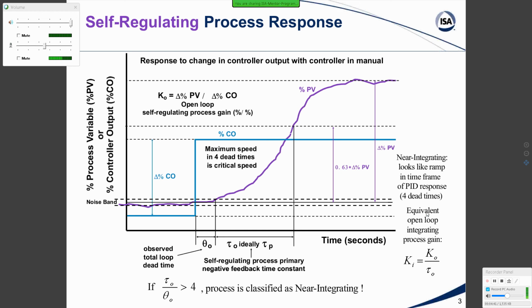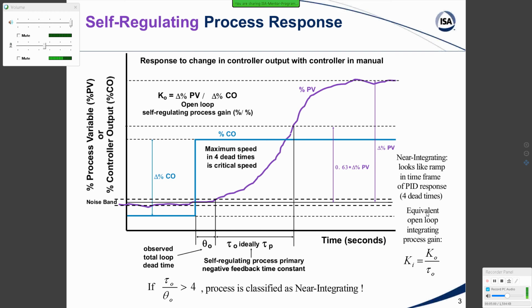And we go T sub O, or tau sub O, where the O stands for open loop. Anyway, we can go back and forth between an integrating process gain and the equivalent large time constant using this very simple equation.